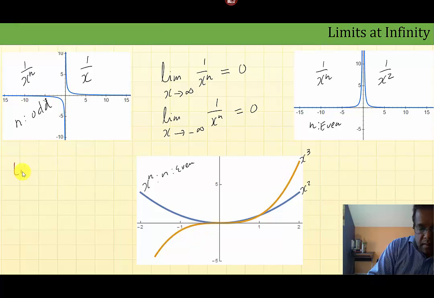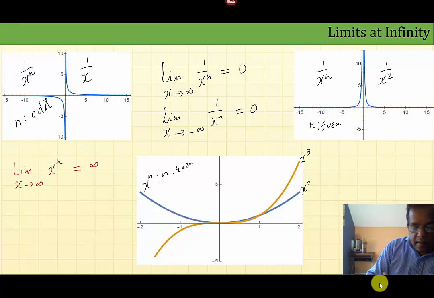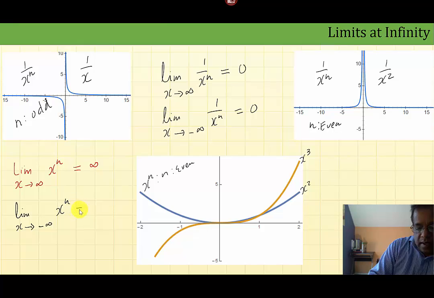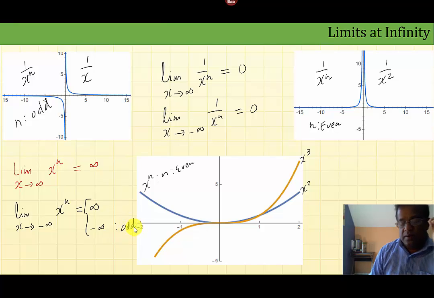So that means as x approaches infinity, x to the n approaches infinity, and as x approaches negative infinity, x to the n approaches infinity if n is even, or negative infinity if n is odd.